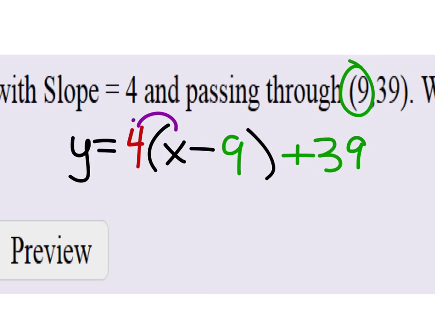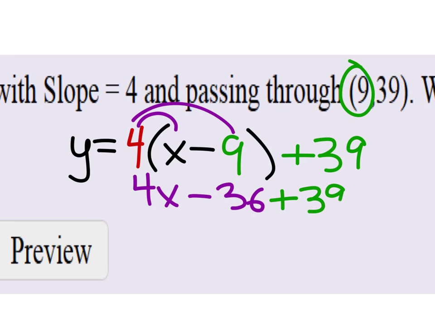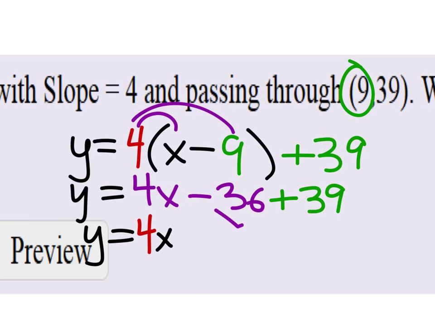Simplifying, I got 4x minus 4 times 9, which is 36, plus 39. Combining like terms, we got our slope times x, negative 36 plus 39 is a positive 3.